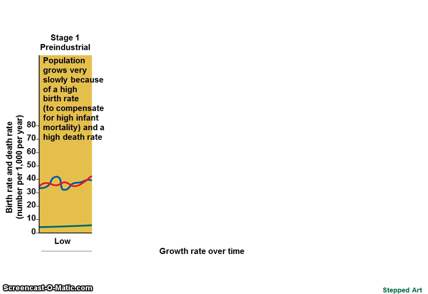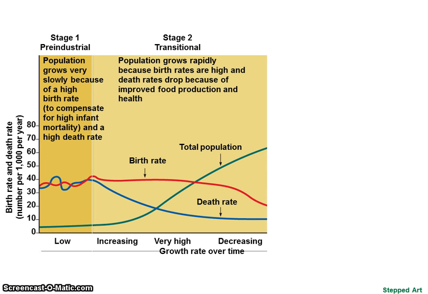You've got a good chance of dying because of whatever, I'll say occupation, but we wouldn't even think of it like that. This is a hunting-gathering type of society, nomadic, and so times are very tough, so very high death rate. This is pre-industrial. So pre-industrial, what you need to remember, birth rate, death rate, both are high. But because of that, we have a low to almost no population growth, very, very small growth in our population.